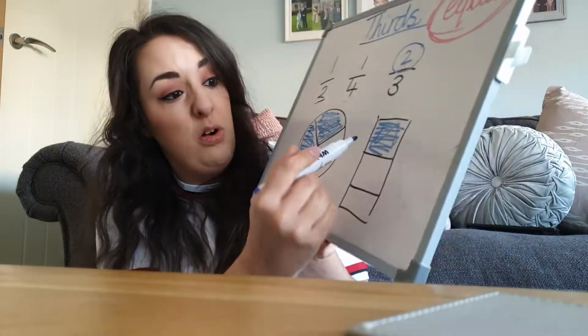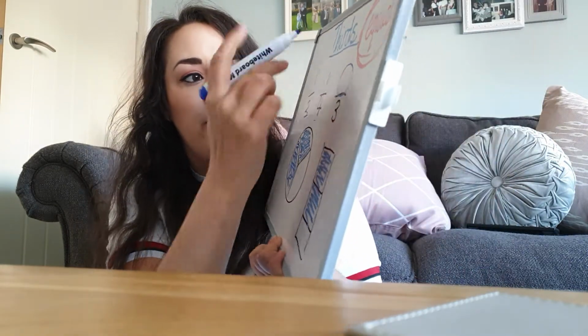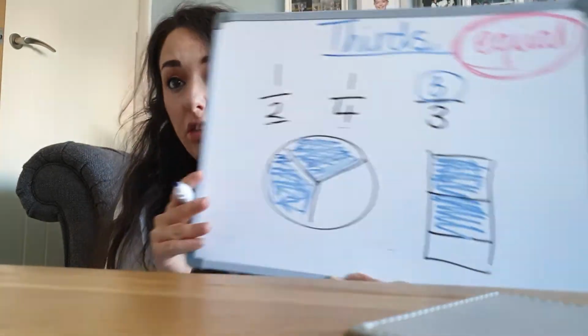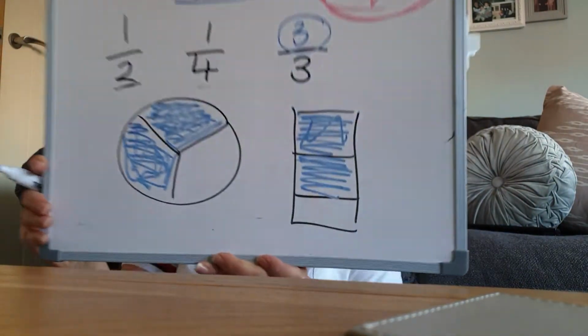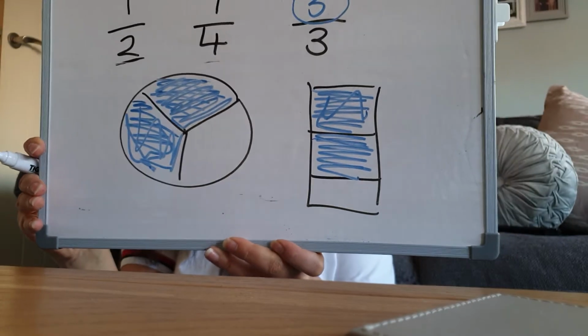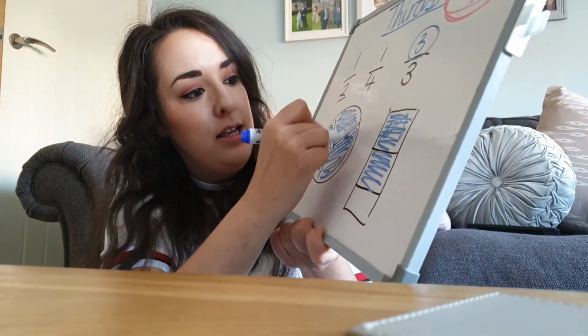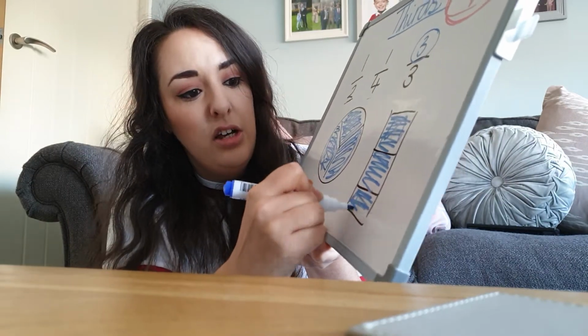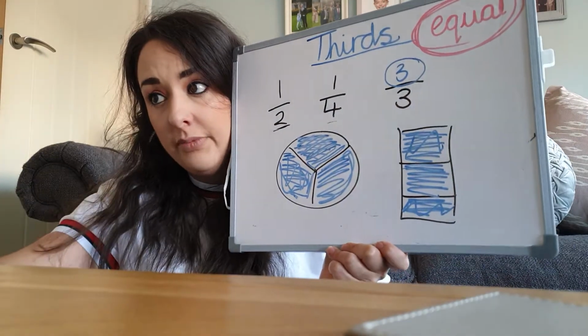And it's the same for this one, I should colour another third. What if I then change it? The numerator is now a 3. So how many pieces should I colour? That's right, I should colour 3 thirds. So if you look, now that I've coloured 3 thirds, it's the same as colouring the whole thing, isn't it?